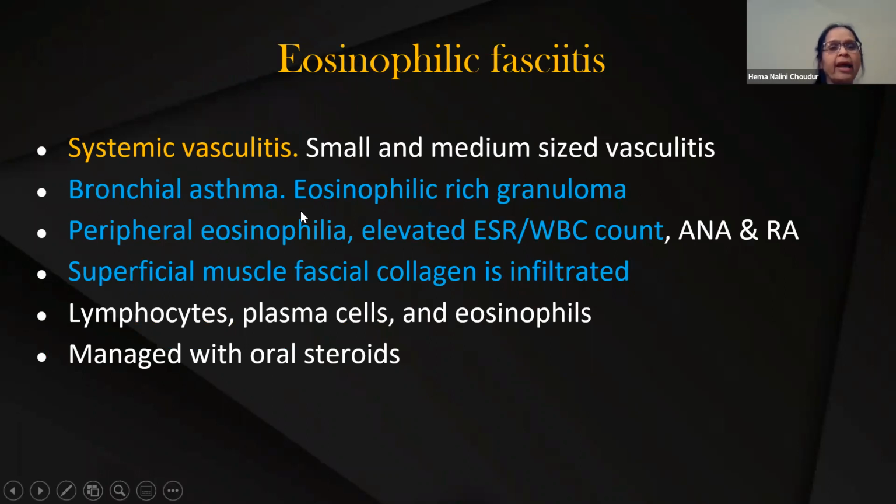Typically, patients will have asthma, where there are eosinophil-rich granulomas, but they have peripheral eosinophilia, and the superficial muscle fascial layer collagen is infiltrated with lymphocytes and eosinophils. Making this diagnosis is very important because it's easily treated with oral steroids. Again, calf pain in a patient with Churg-Strauss disease.